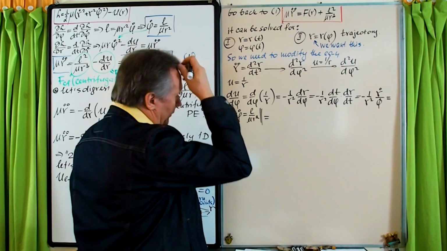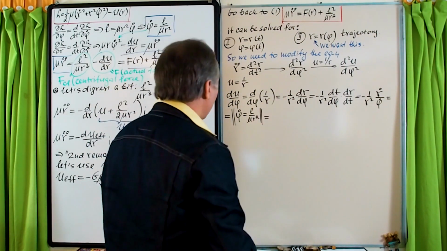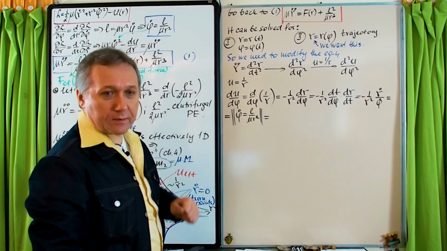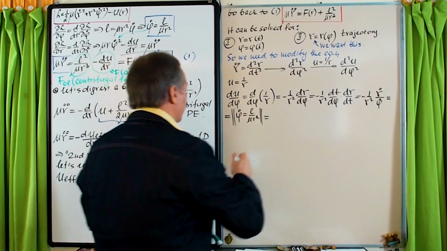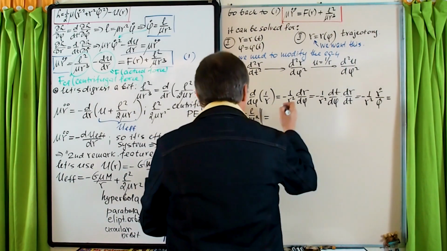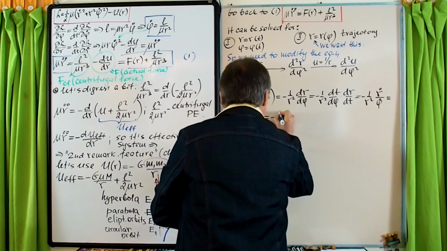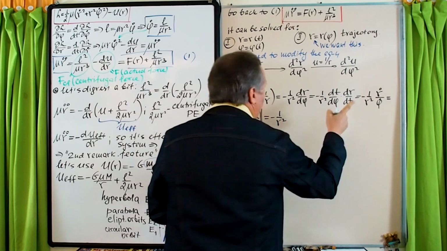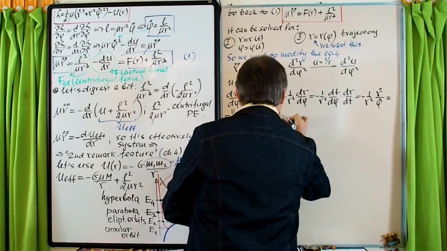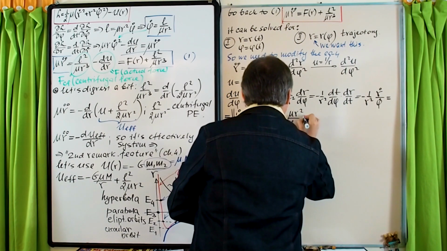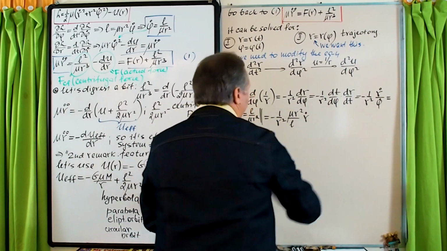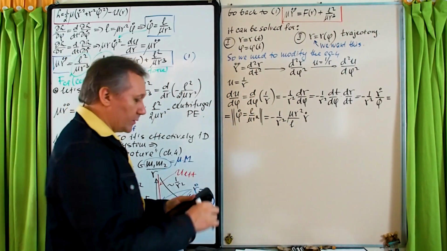So if I plug it there, r squared will be cancelled. So 1 over r squared, then L downstairs, upstairs mu r squared and r dot, not r double dot, just r dot. So r squared goes.